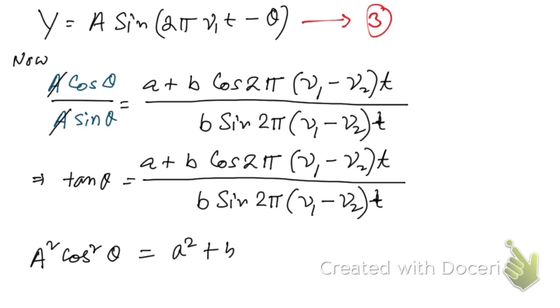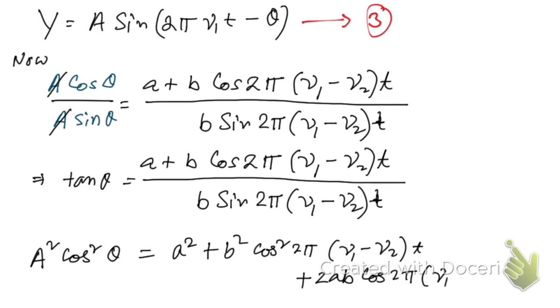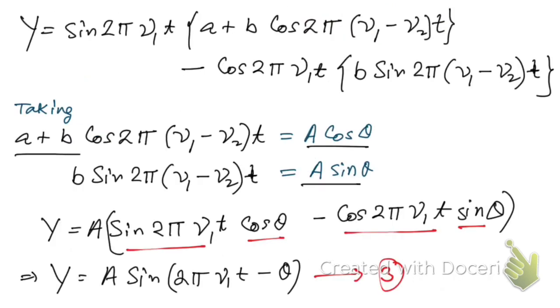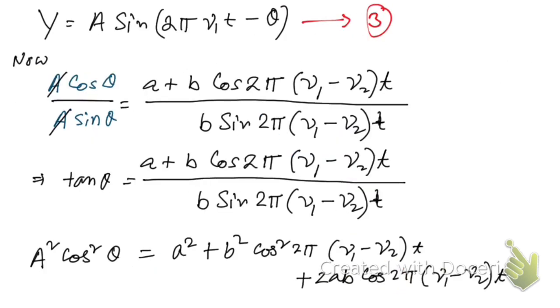A square plus b square cos square 2 pi (nu 1 minus nu 2) into t, then plus twice ab, so here what we're going to have, 2ab cos 2 pi (nu 1 minus nu 2) t. That's what we're going to have. If you square this one only, that means this one, if you square both sides, then you're going to get this.